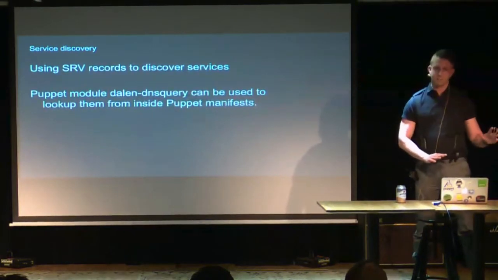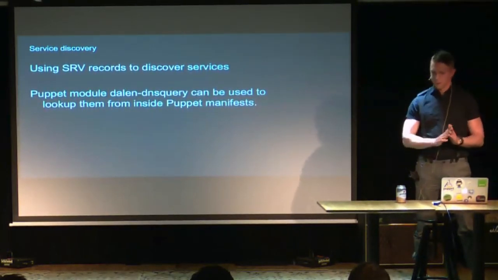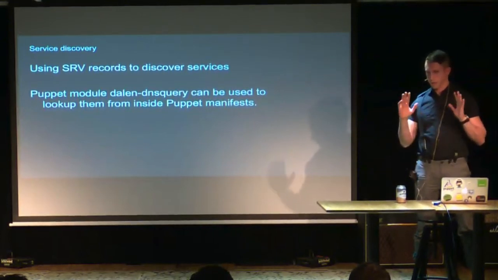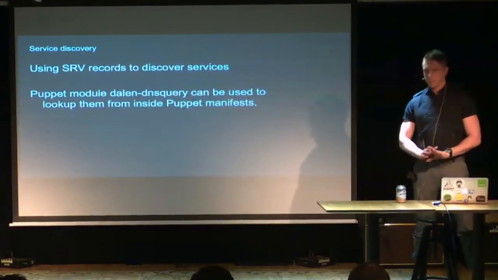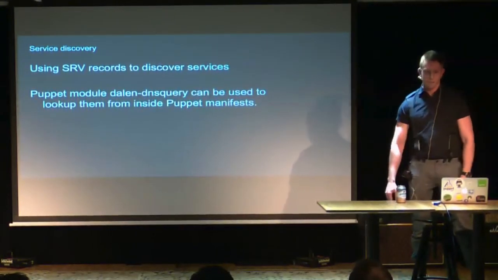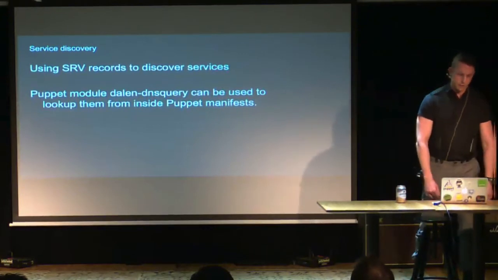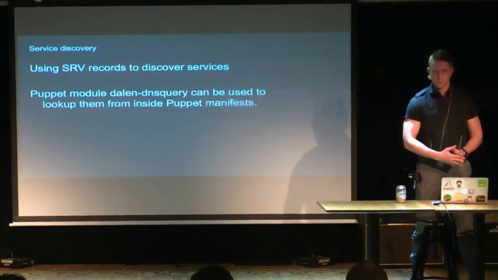And then we have the service discovery part of it. At the moment, at least, we're using Puppet to configure a node as a specific service. But that doesn't entirely mean that it's in production as that service. At the moment, we're using SRV records to discover services.